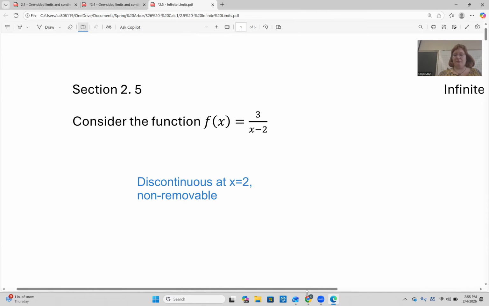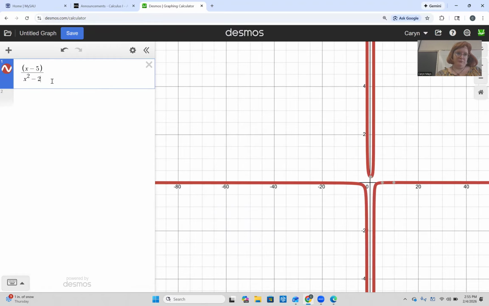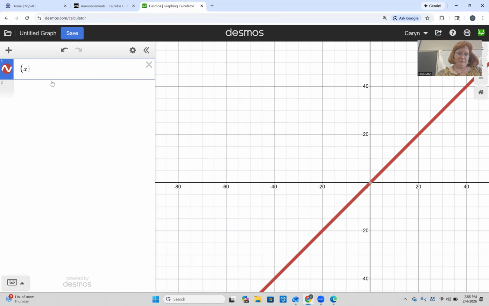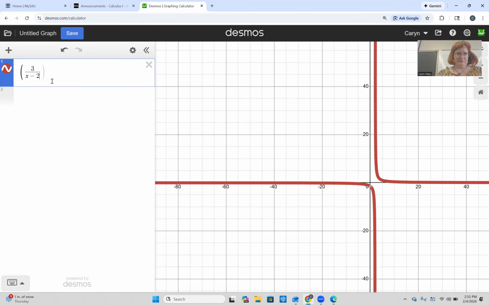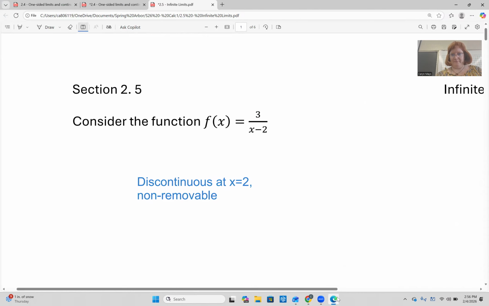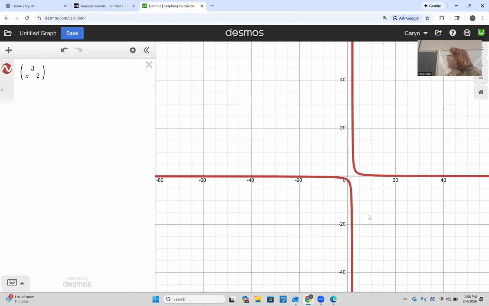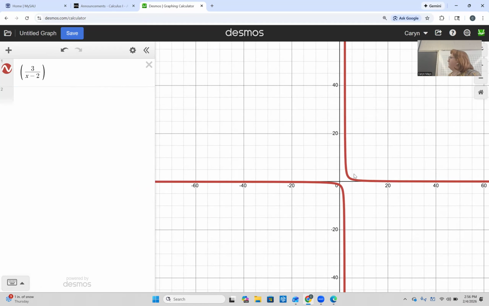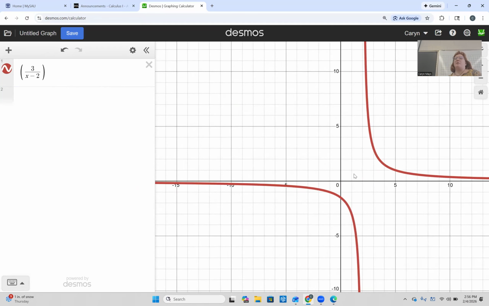So let's look at the graph. It was 3 over x minus 2, I think. And sure enough, at 2, there is no way for me to draw through this function without picking up my pencil. But we have been hinting at this idea for a while.